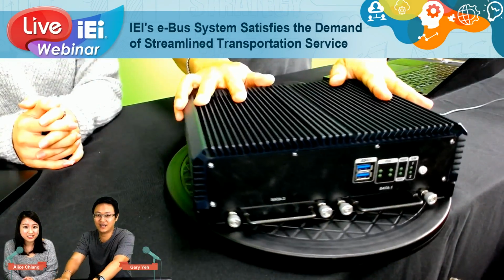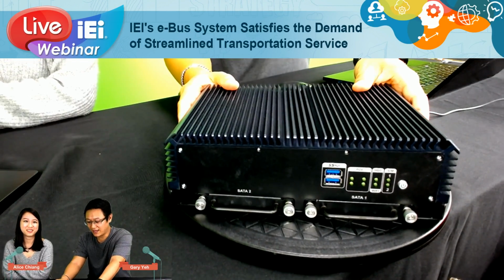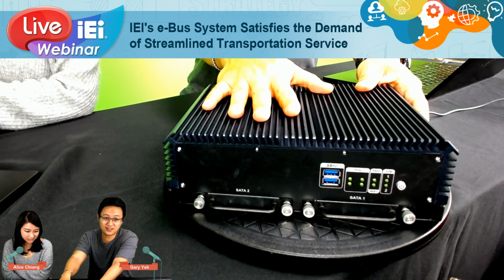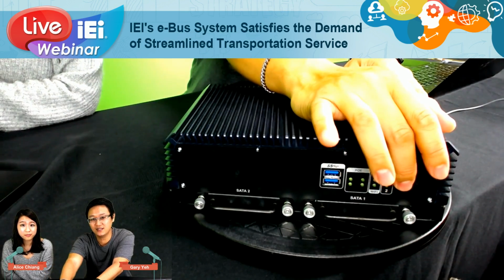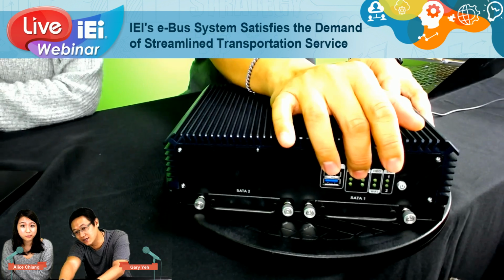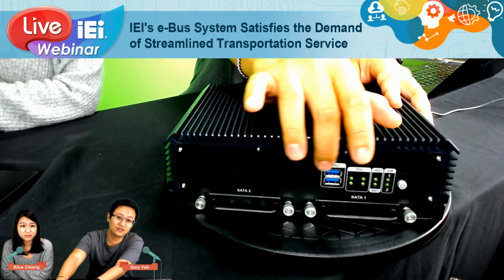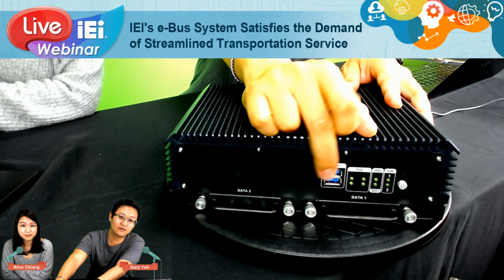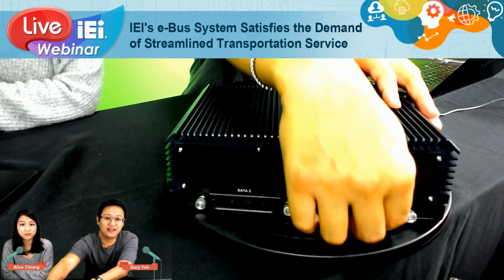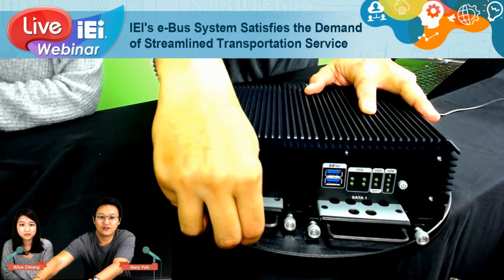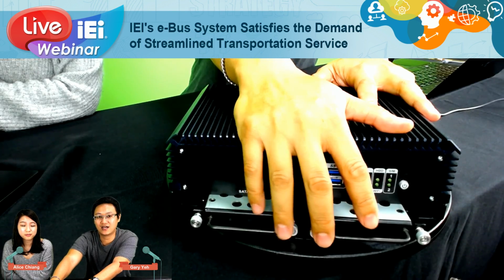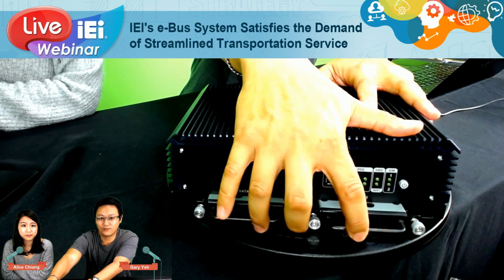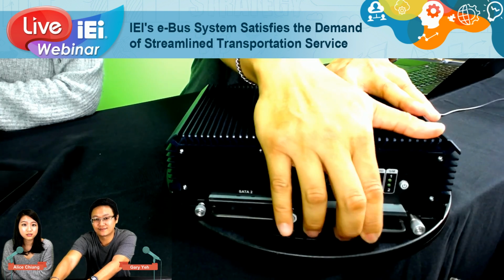Okay, and now we have an IVS-300 in front of us, and you can see in front we have the power button here and LED indicators, and also support for 2 ports of USB 3.0. And here we have two 2.5-inch hard disks, removable from outside.